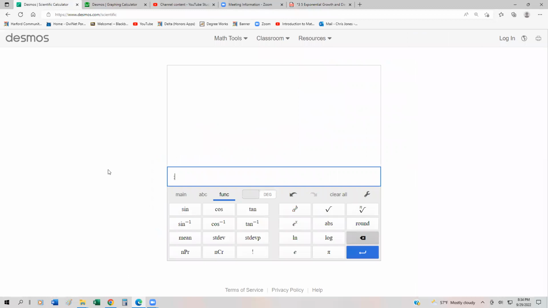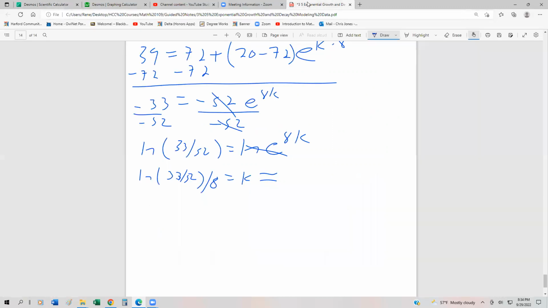And we have ln, so we punch this in, ln of 33 over 52 divided by 8. All right, that gives us negative 0.0568. Right, so k is negative 0.0568.